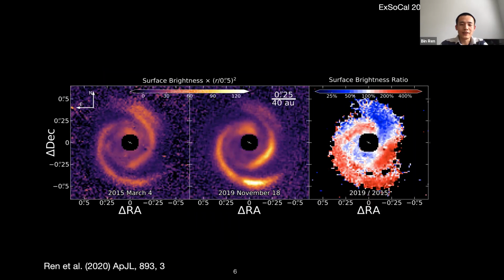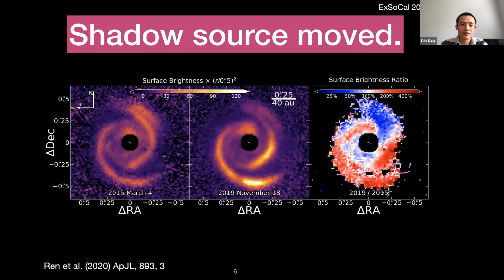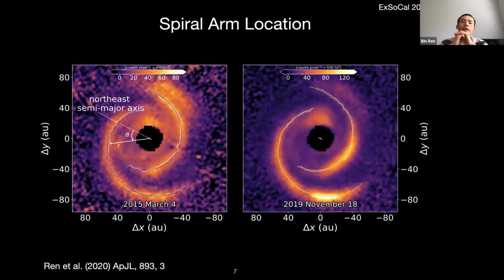So let's go back to the topic of spiral arm motion. What we did is that we fit the location of the spiral arms, or we fit the spine of these arms. And then we look for evidence of motion. As I mentioned before, there are two formation mechanisms.